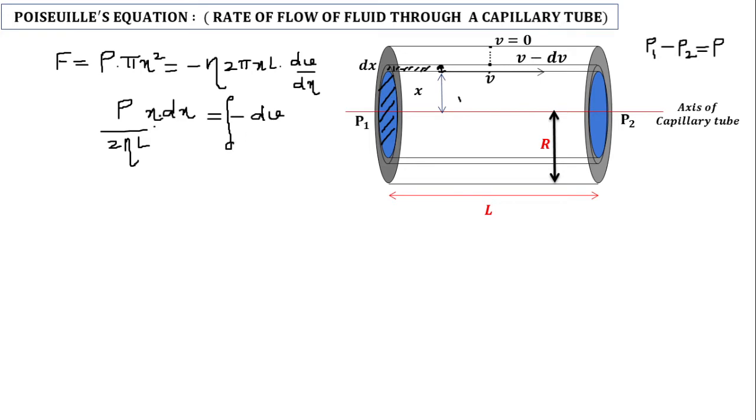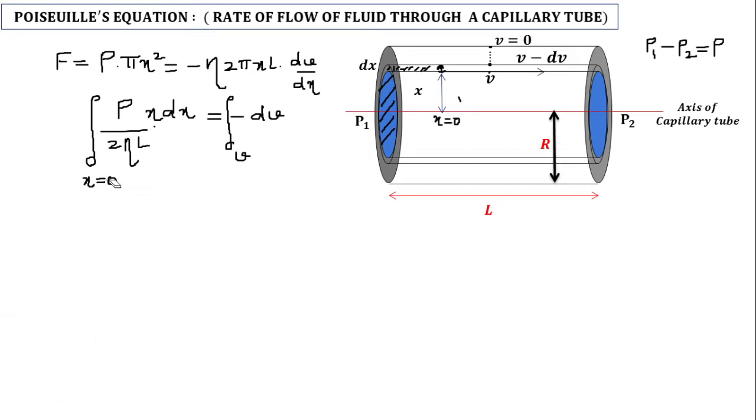So integration of dv, and you have integration of this part. When you take the value of x as 0, which is on the axis, let's say the velocity is v. Or let me do it this way.